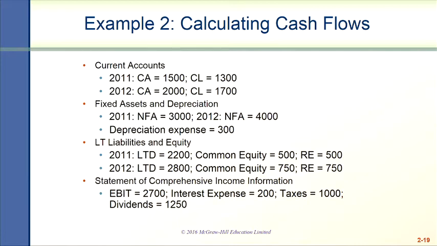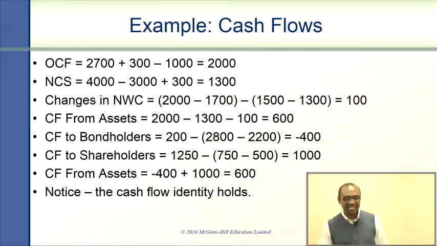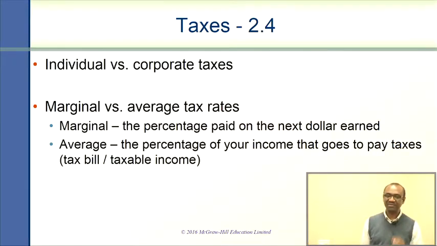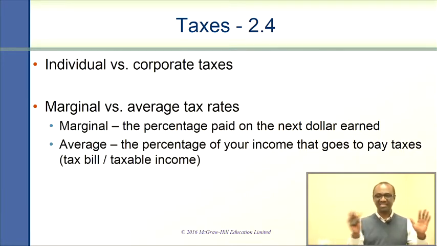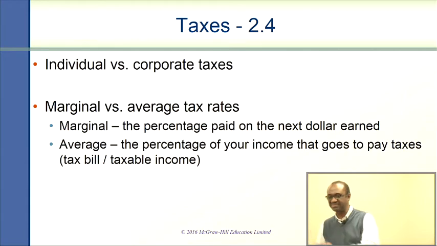So we have current assets in 2011 and 2012, and then current liabilities for the respective periods, and fixed assets. This is an example where you can also do your activities, which I'm going to post. Now, the tax we'll be talking about for this finance class: we're not looking at how CRA does the calculation of income or personal income taxes.